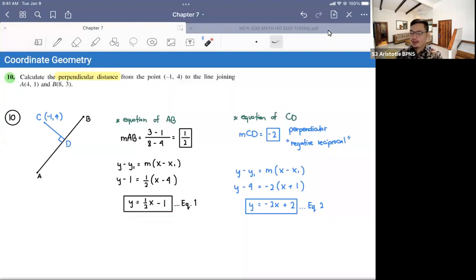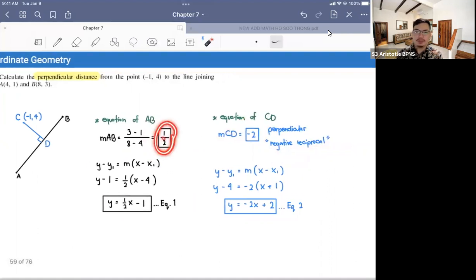All right, and then for your second equation, let's say line CD, the perpendicular line to AB. Now, I don't have to use the gradient formula because obviously I don't have the coordinates of point D. So I'll just base the gradient of line CD on the gradient of line AB. It's because, again, they are perpendicular, so they are negative reciprocals of each other. So get the reciprocal, flip this.